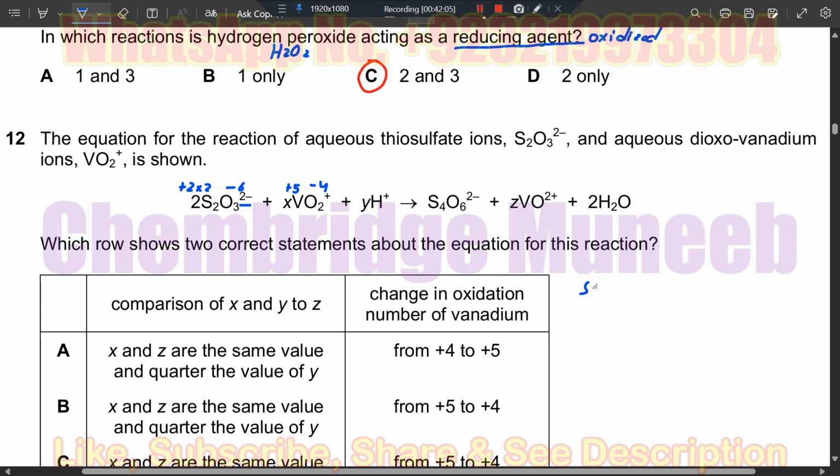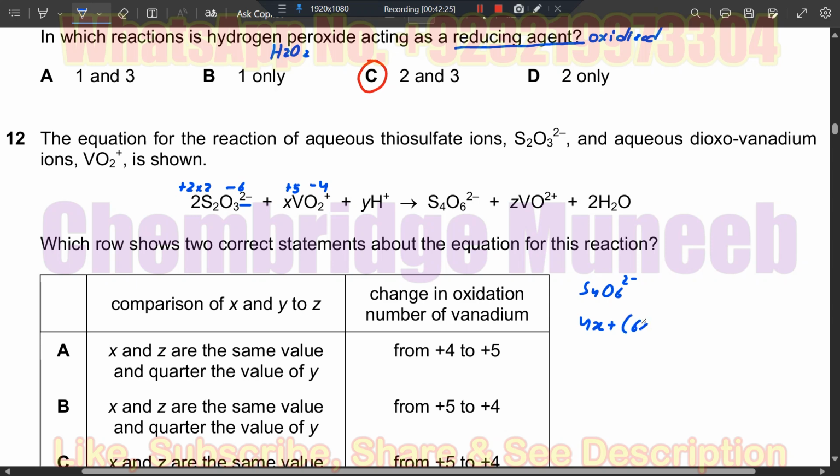So for S4O6, I will write separately. We have to find the oxidation state of sulfur. I will write it as 4x plus the oxidation state of oxygen, which will become 6 times -2.